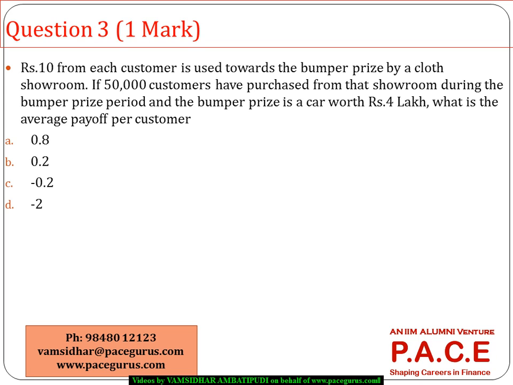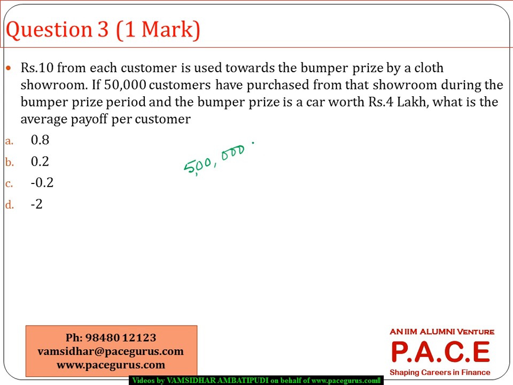Okay, rupees 10 from each customer is used towards the bumper price by a cloth showroom. Okay, each customer, from whatever the purchases each customer has done, 10 rupees from that is being used. 50,000 customers have purchased from that showroom during the bumper price period. So which means from the company's standpoint, it has received 5 lakhs, 50,000 and 10 from each of the customers.